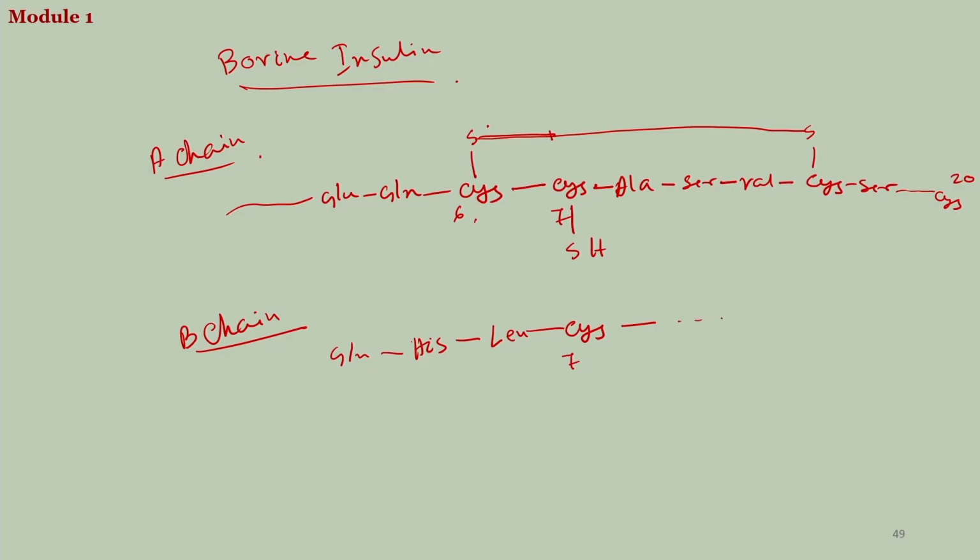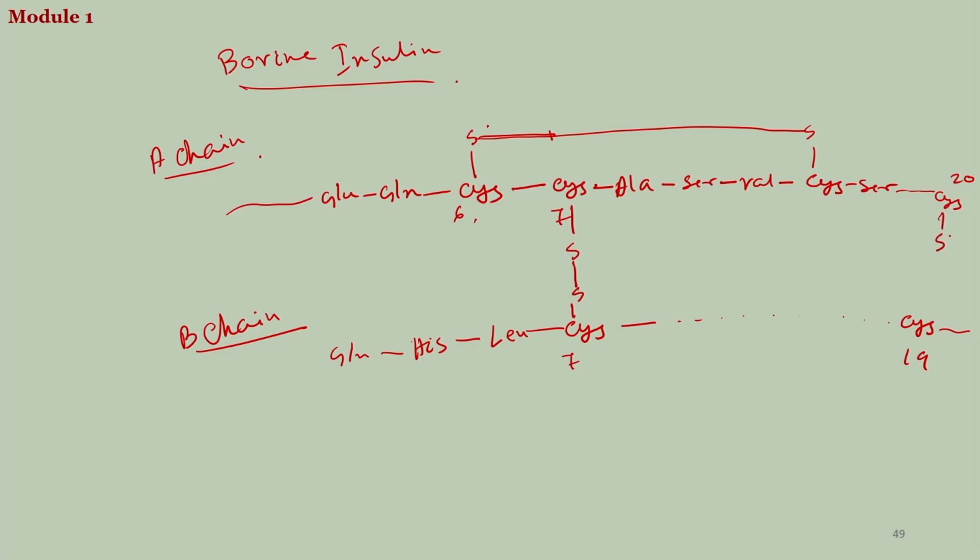And then here there is another cysteine, and this position is 19. So, this cysteine has a thiol, this cysteine has a thiol, and they form a disulfide bond very quickly.